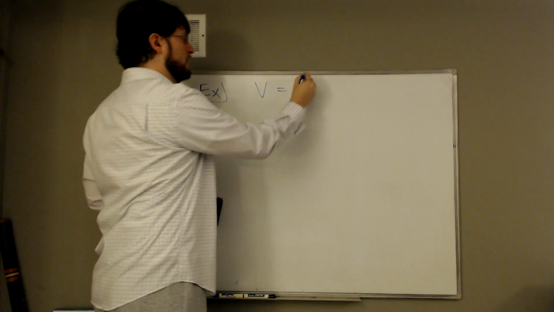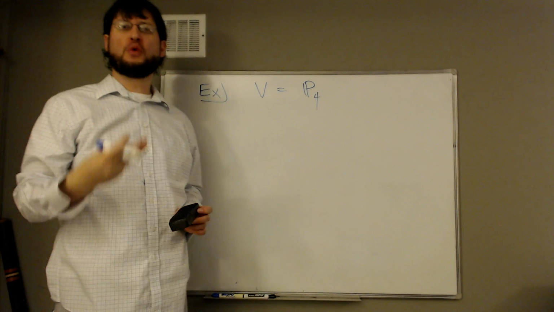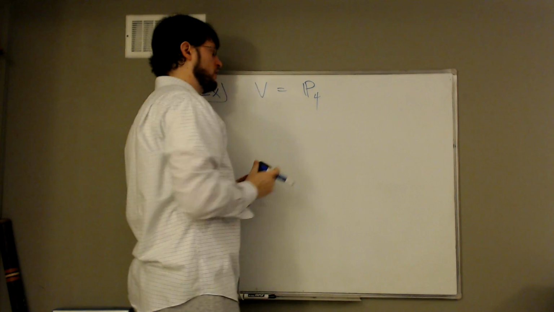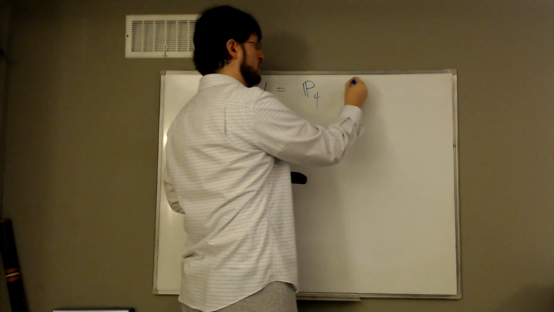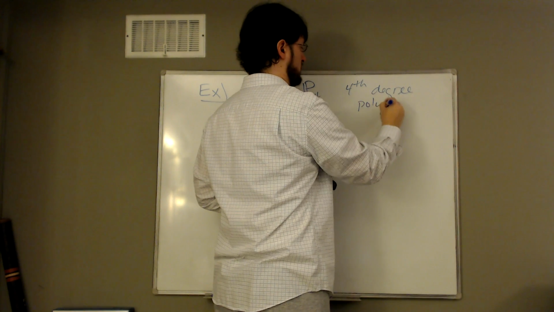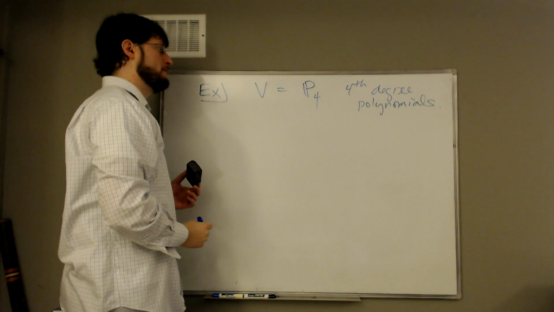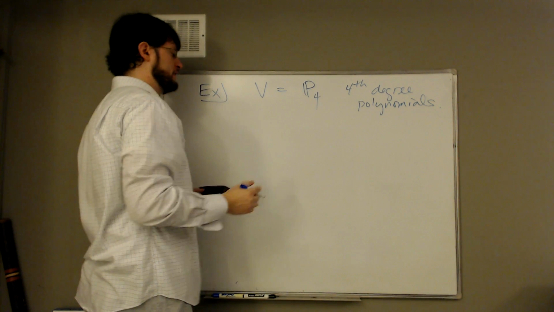Let's say that V is P4, all fourth degree polynomials.